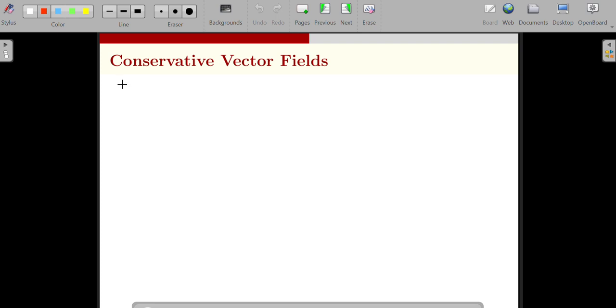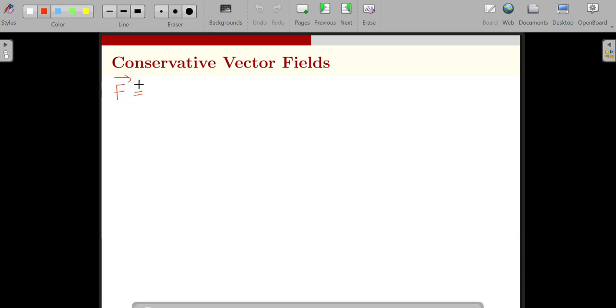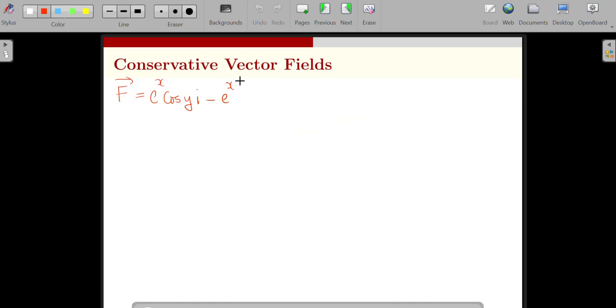So we have F is equal to e^x cos y i minus e^x sin y j, and this is equal to the gradient of the scalar valued function phi. So this is equal to ∂phi/∂x i plus ∂phi/∂y j.